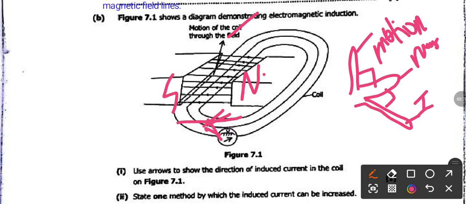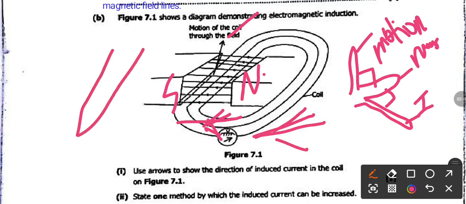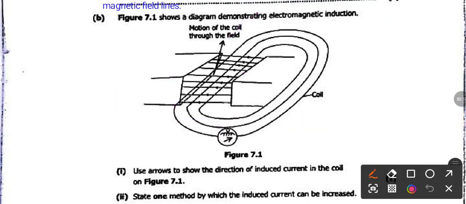Then the first finger should go in this direction. If you have successfully done that, you'll find that the second finger is pointing in this direction, meaning that the direction of our induced current is in this direction here. So it is like this.